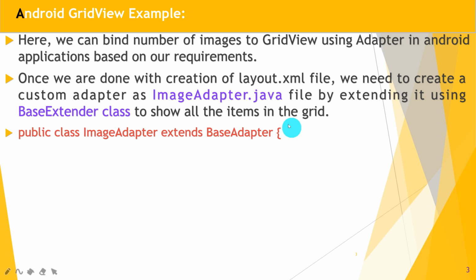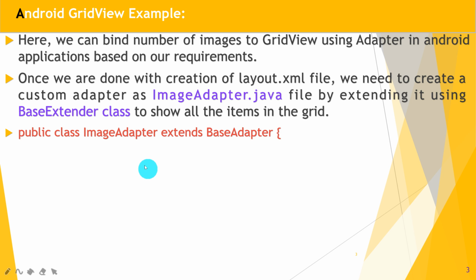Great. So how to extend the image adapter class from the base adapter? So, public class ImageAdapter extends BaseAdapter. The base adapter class contains a number of methods which we override in our image adapter class.